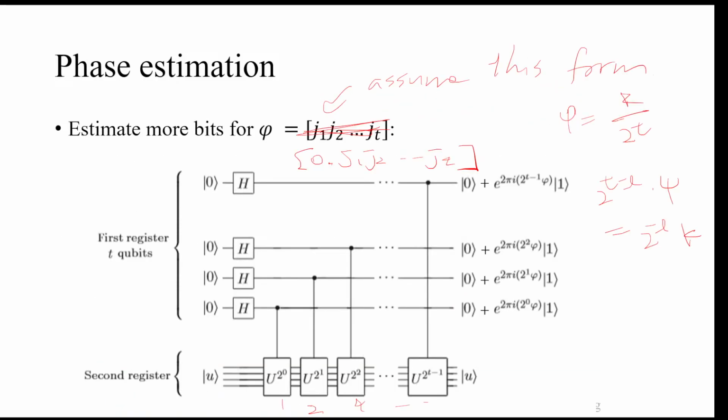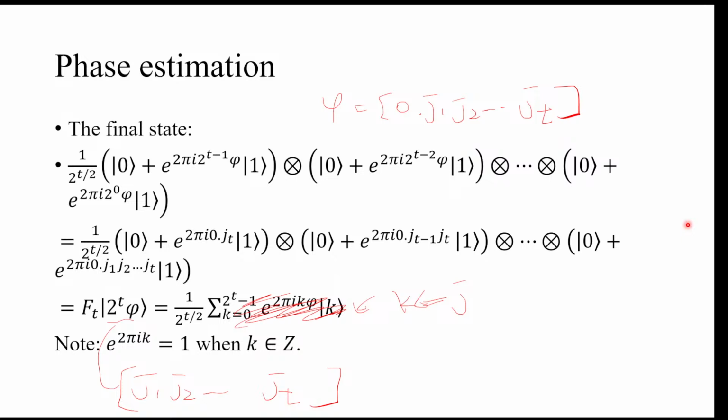It's a bit less confusing. Let's have phi equal to j divided by 2 to the t, and here is j. Just a small change of notation, so it's all j here.